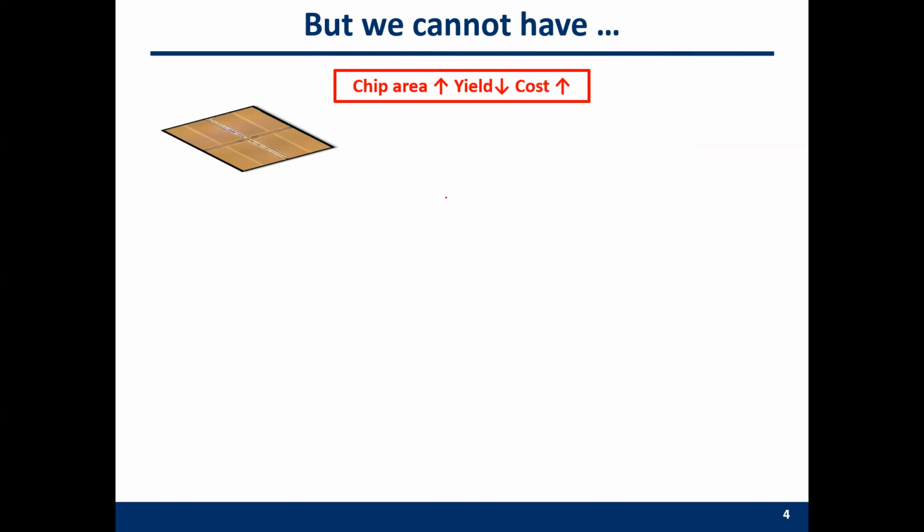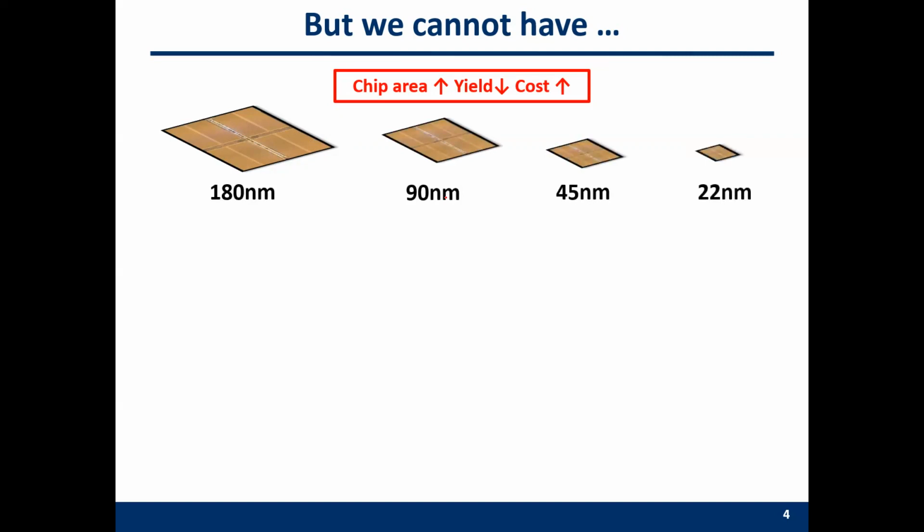Again, a larger chip will of course be more expensive because we have a lower yield and a higher fabrication cost on those larger chips. So in maybe the 2000s, 2010s, this is not an issue because we can always have a more advanced technology node, a smaller process technology.